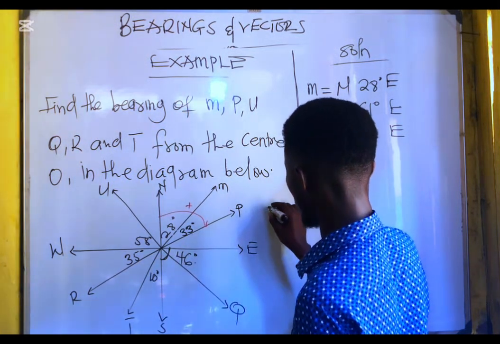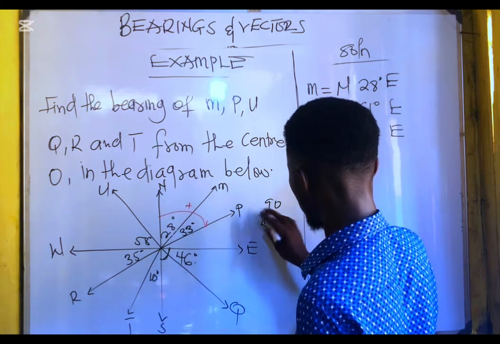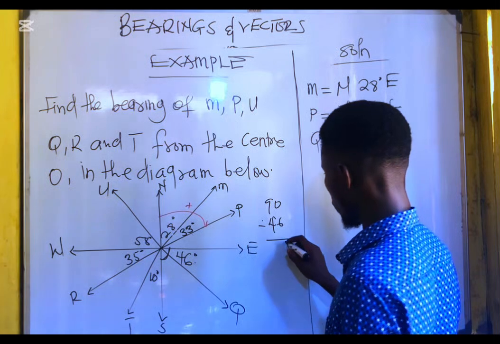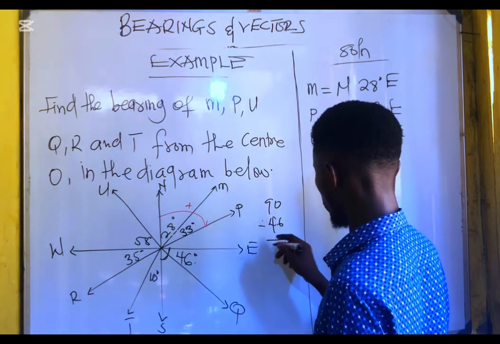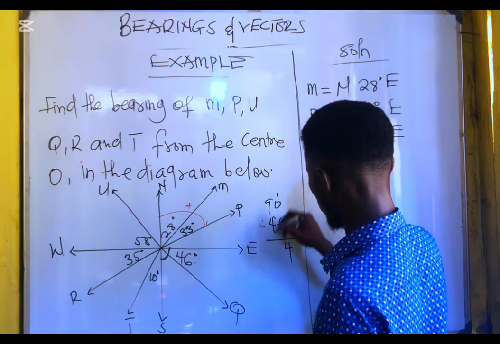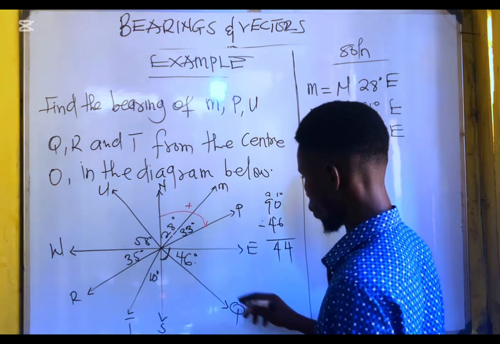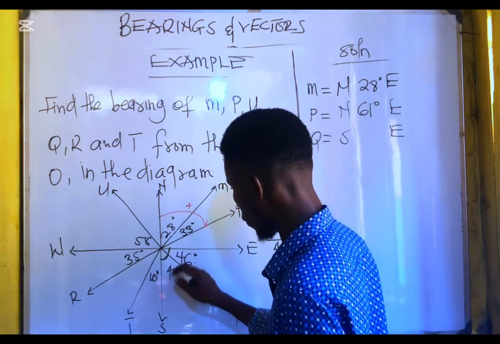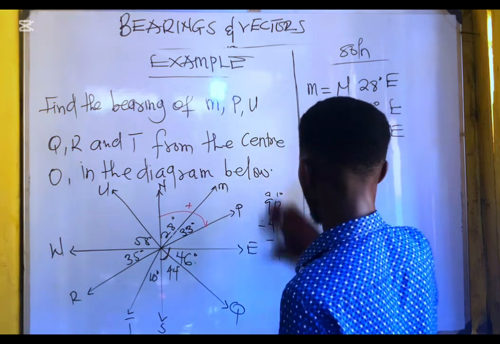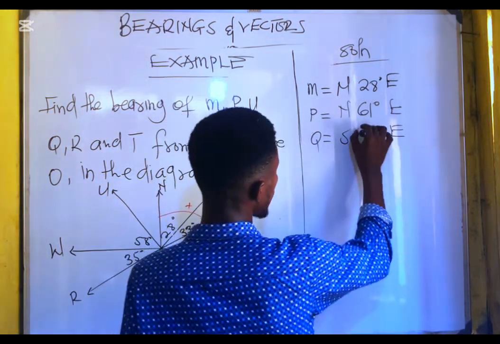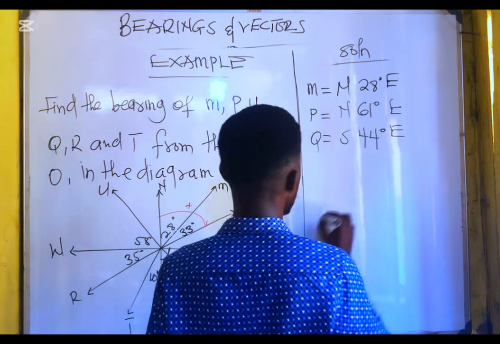You simply subtract 46 from 90. Is that okay? That will give you 44. So this place will be 44 degrees. So that side is going to be 44 degrees.